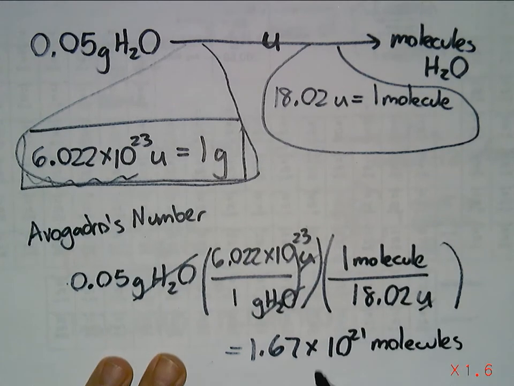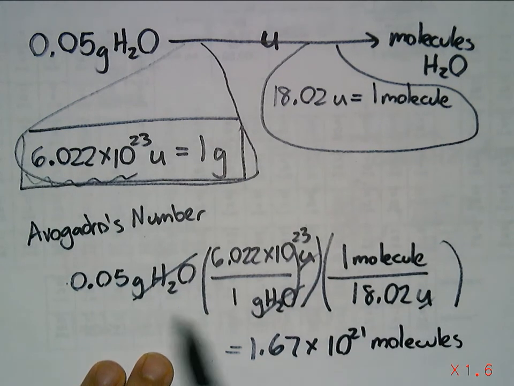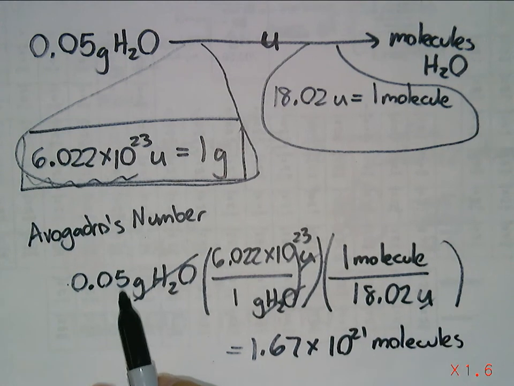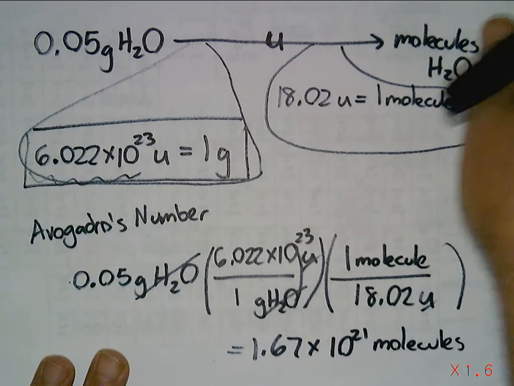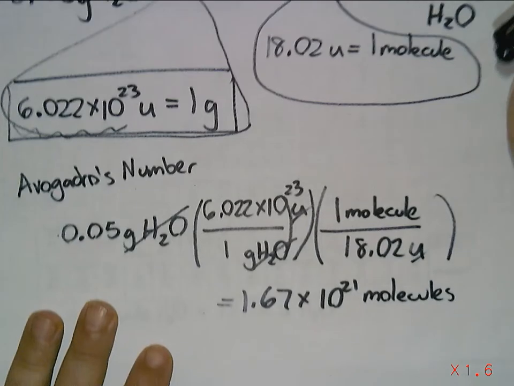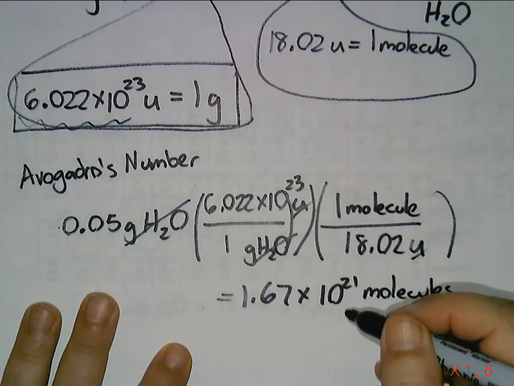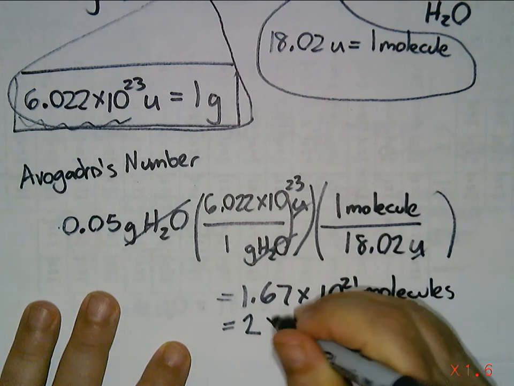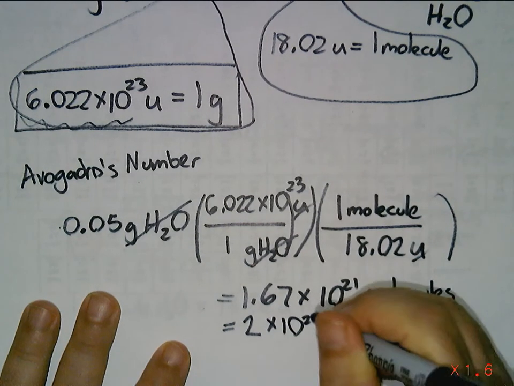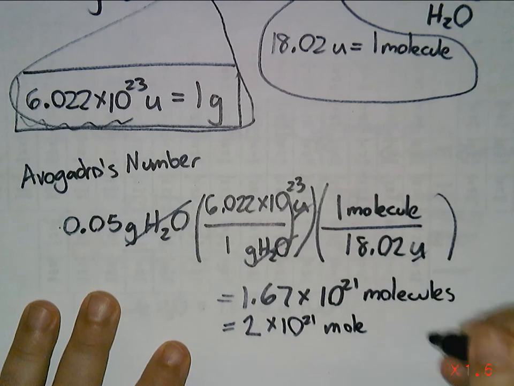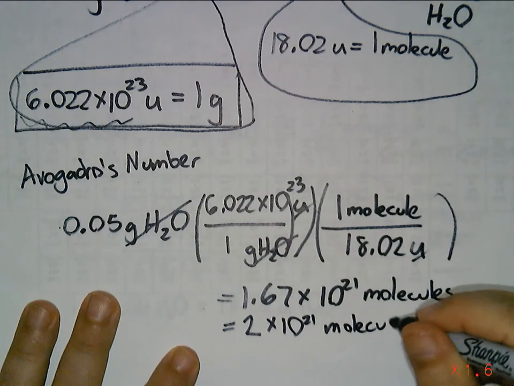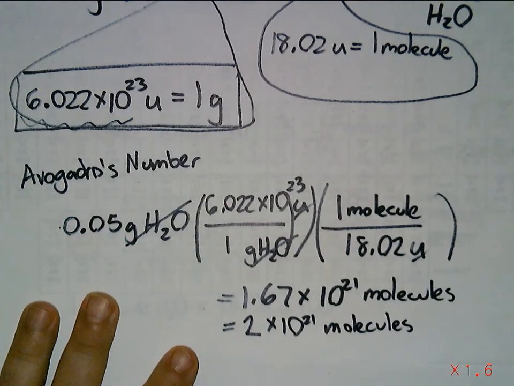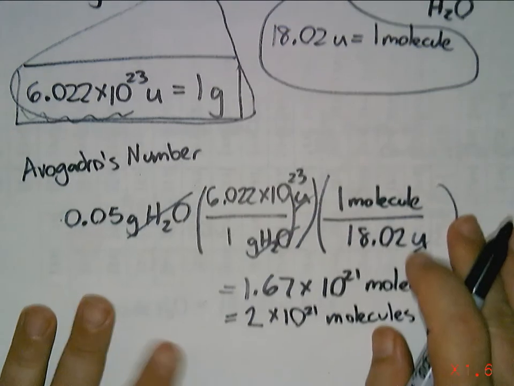And I don't have the right number of significant figures here, right? Raindrop, I'm not so sure what the weight is. It might be 0.06, it might be 0.04. So I only have one significant digit there, and I should only have one here. So if I'm going to report this to the correct number of significant digits, I'll round it off to one figure. And it'll round up to 2 here. And that will be my answer. That's about how many molecules there are in a raindrop. That's a lot.